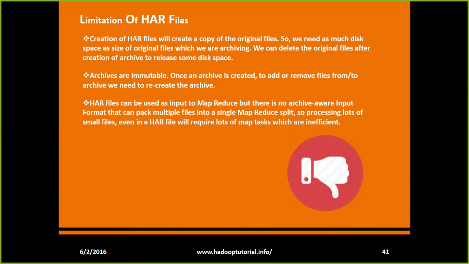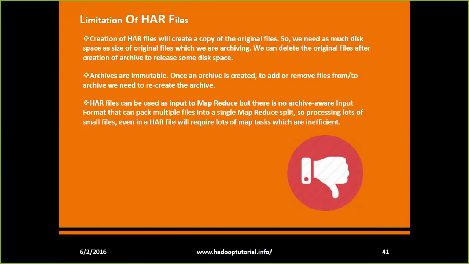And the limitation with MapReduce is that parallel processing is not possible with HAR files. If you have a 1 GB file, even then that should get processed by one data node only. And even if you have a 10 GB HAR file, that entire 10 GB should get processed by one data node only. So this means HAR files are not splittable.